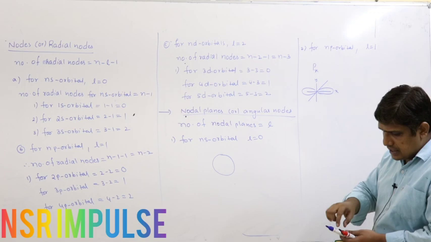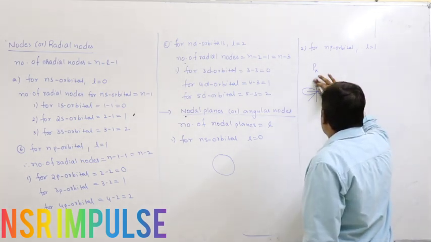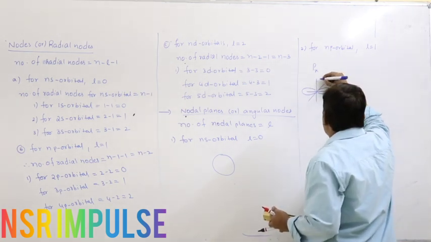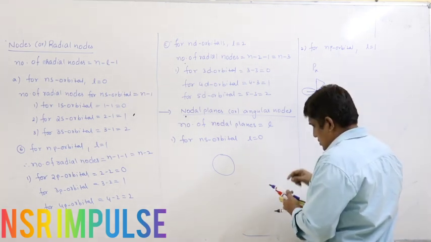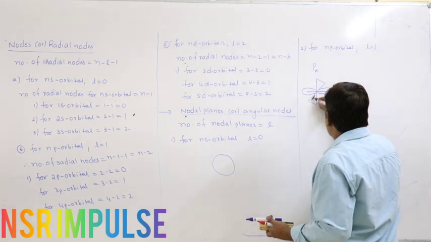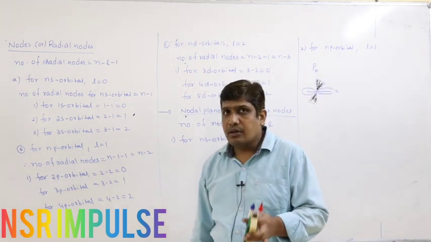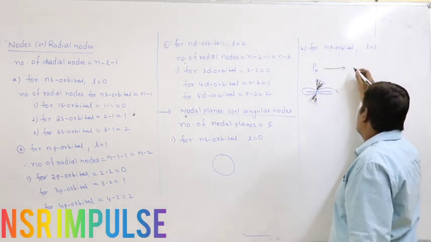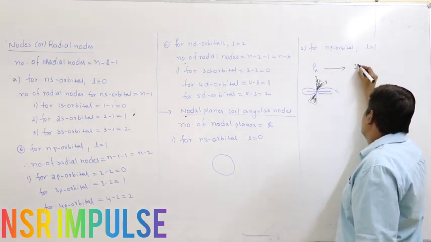If I consider this yz plane, this plane passes through the orbital where the probability of finding an electron is 0. For the px orbital, the nodal plane is the yz plane.